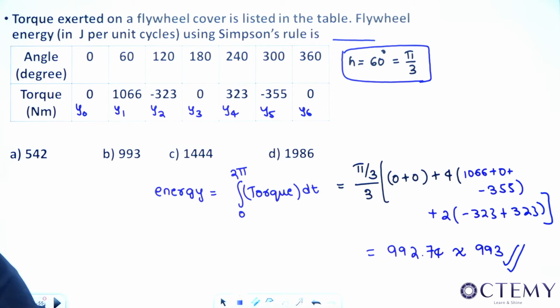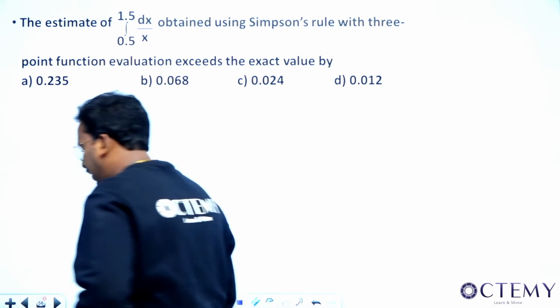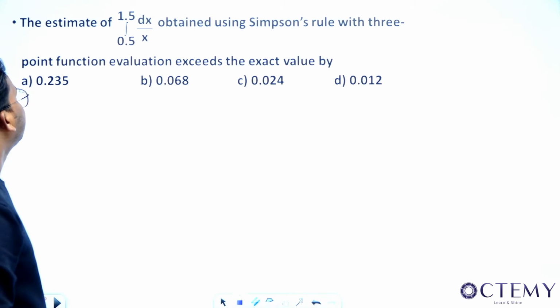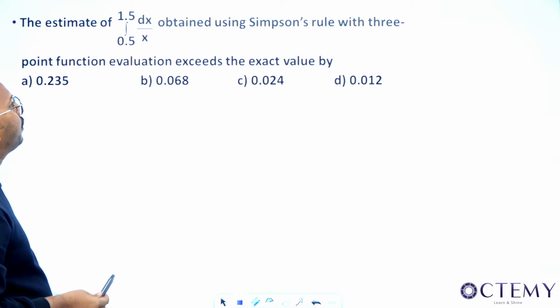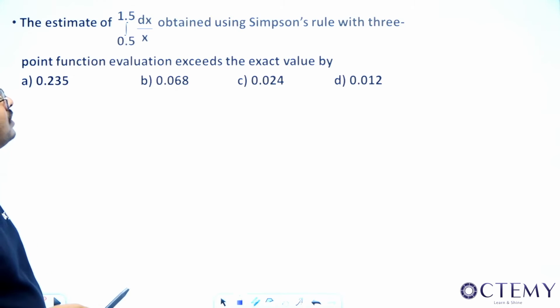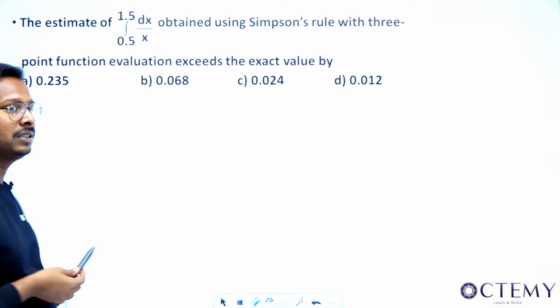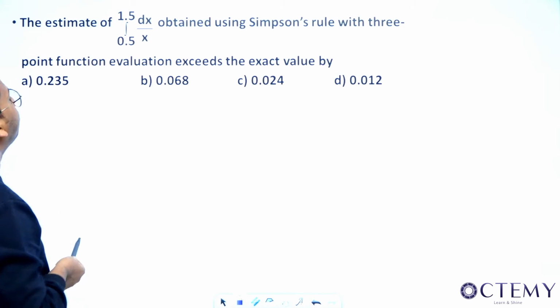See what is the next question he is asking you. If I read the question entirely, he is telling that the estimate of the integral from 0.5 to 1.5 of dx by x obtained using Simpson's rule with a 3-point function. So 3-point function is basically the 1/3 rule.